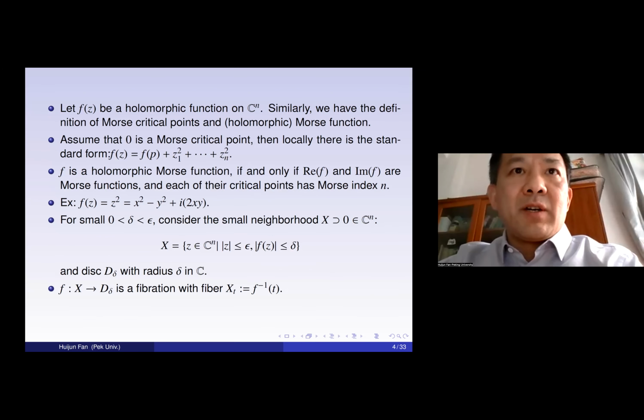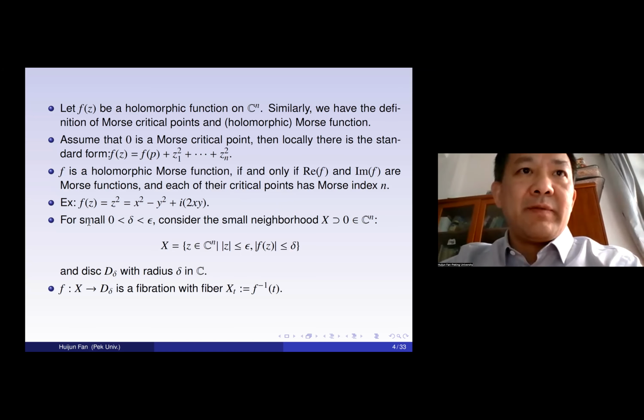But a holomorphic Morse function has a very special property. That is, f is a holomorphic Morse function if and only if the real part of f and the imaginary part of f are Morse functions, and each of the critical points has Morse index n. So n is the middle dimension, the real middle dimension.